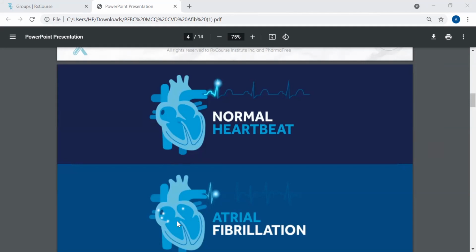But in atrial fibrillation, the signal is still in the atrium and starts to contract more and faster, reaching 200 to 250, because the distance the signal has to travel is now shorter. Then one signal will reach the AV bundle and go.